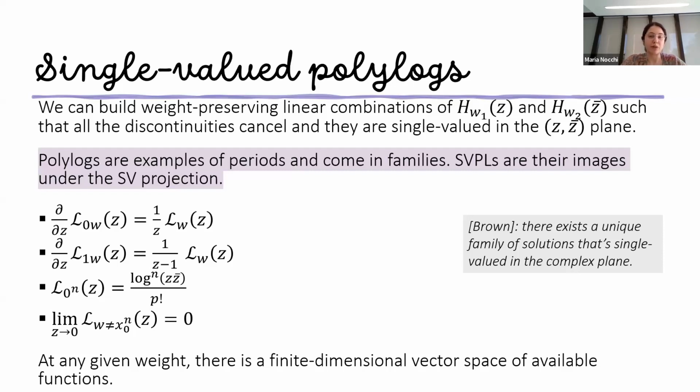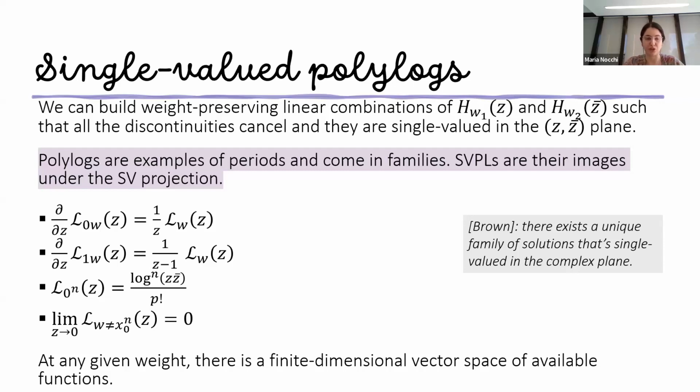And what they were able to do is to build weight preserving linear combinations of the polylog at Z and the polylog at Z bar, such that all the discontinuities cancel, and they are indeed single valued in the Z, Z bar plane. Polylogs, again, are examples of periods, so they do appear in Feynman integral computations, and single-valued polylogs are just their images under this single-valued projection.